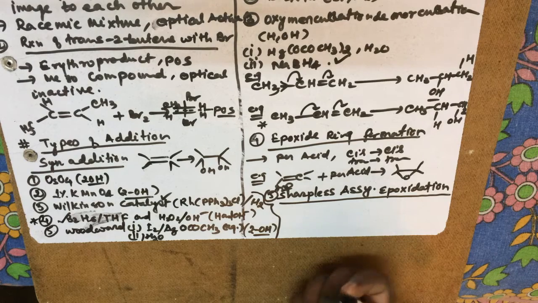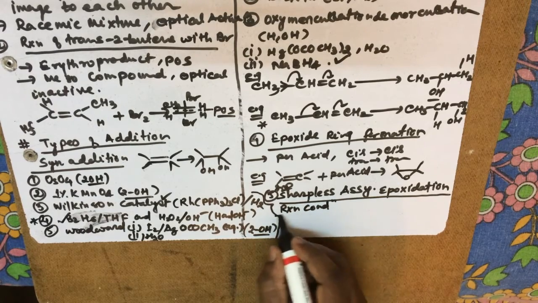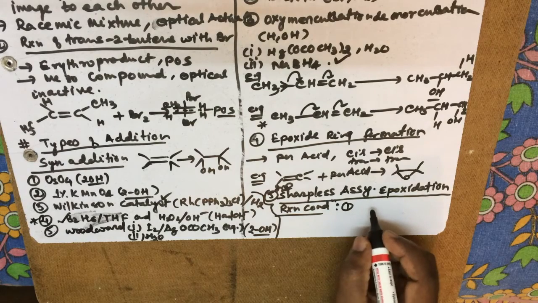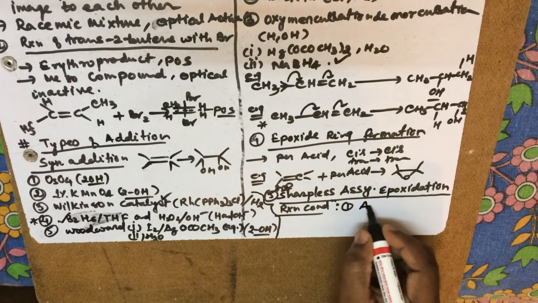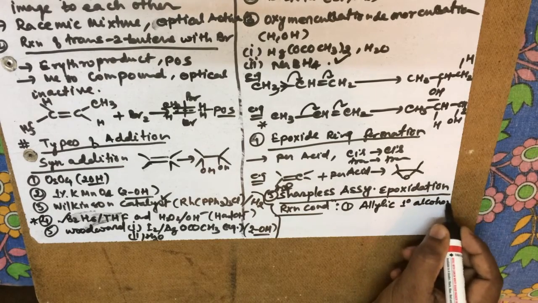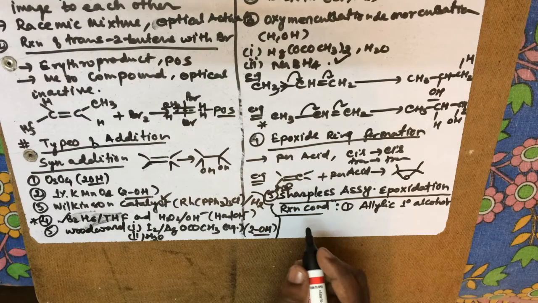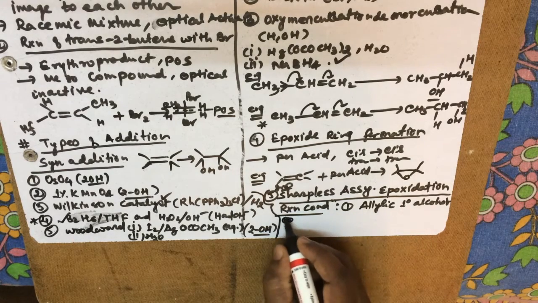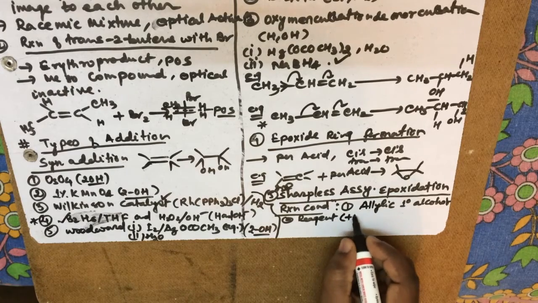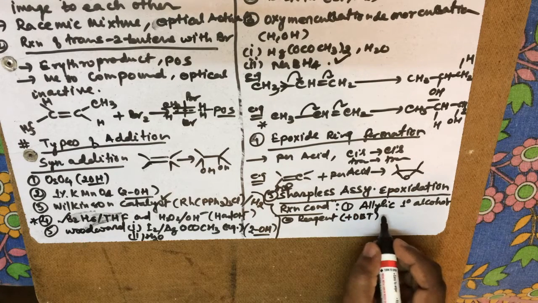Before we start this reaction, we have to know the reaction conditions. Number one, the substrate should be an allylic primary alcohol. Number two, the reagent is DET, diethyl tartrate, plus or minus DET.